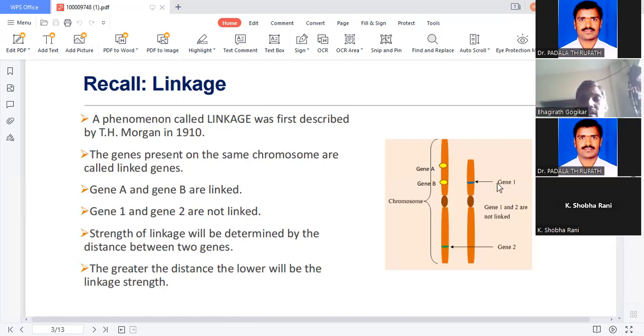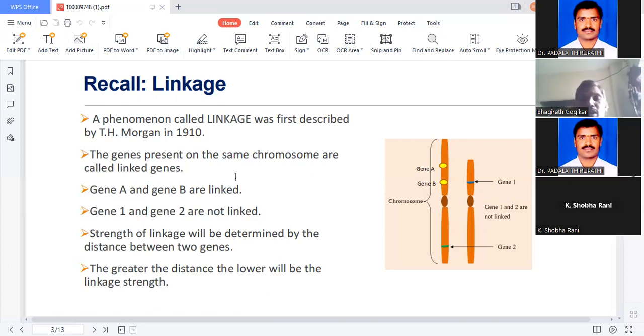For example, here another homologous chromosome is there that is represented as gene 1, and the corresponding second homologous chromosome represents gene 2. Gene 1 and 2 are non-linked genes.